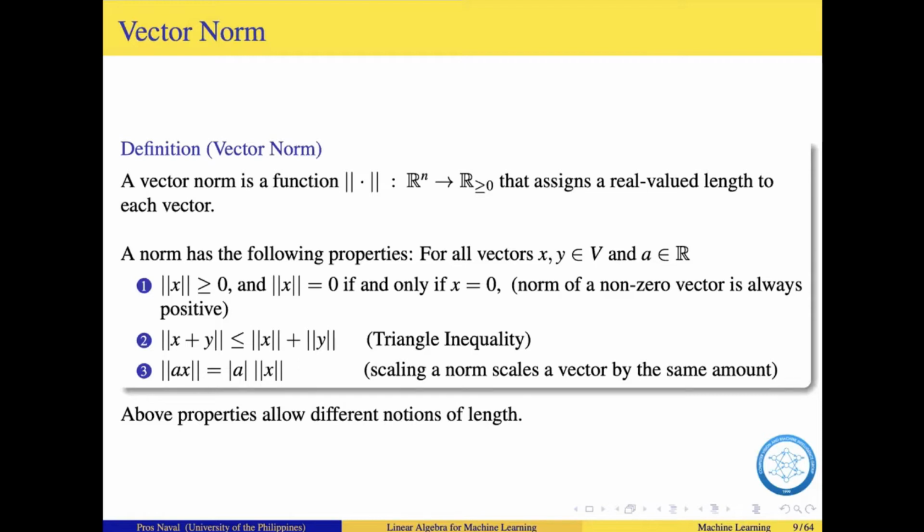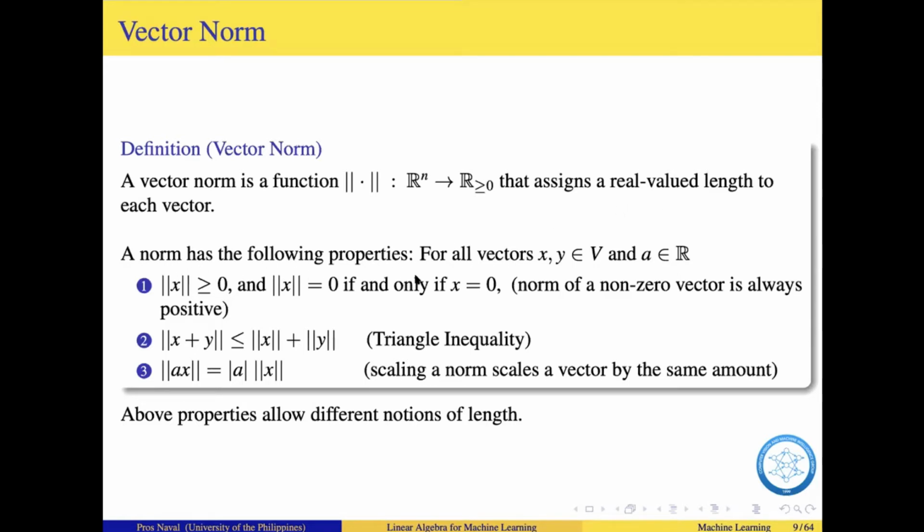Vector norm. This concept of vector norm is very important. It comes up a lot in machine learning, so it's important to study this well. A vector norm is a function that maps a vector into a non-negative real number. It assigns a real valued length, which is non-negative, of course, to each vector.